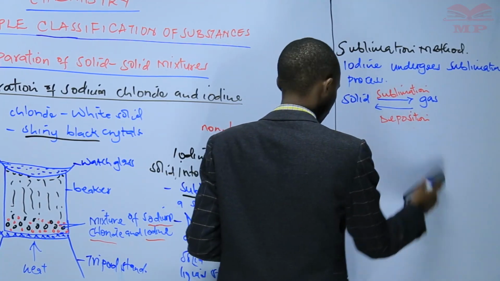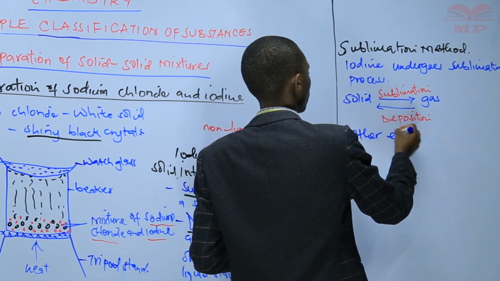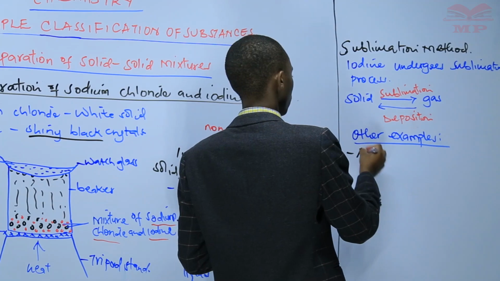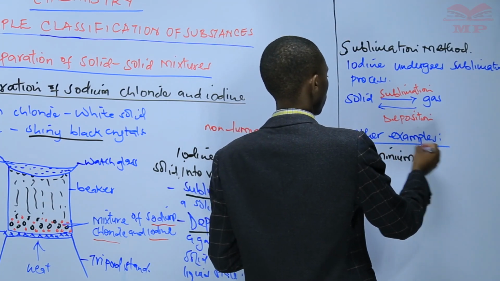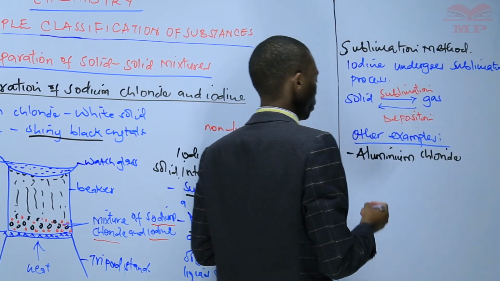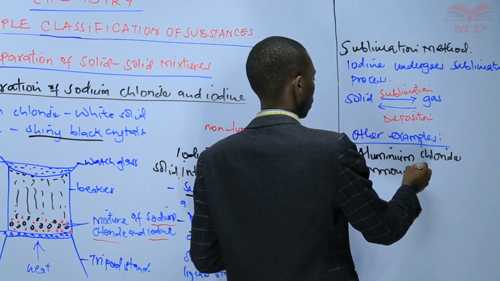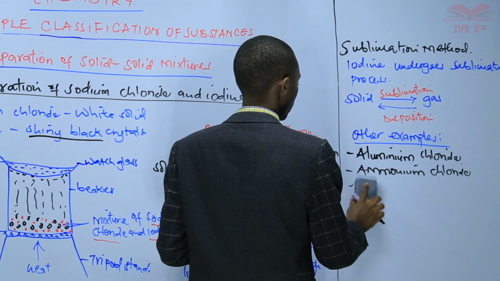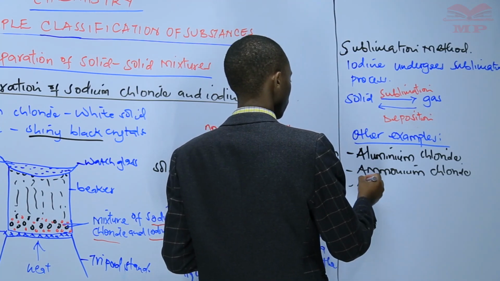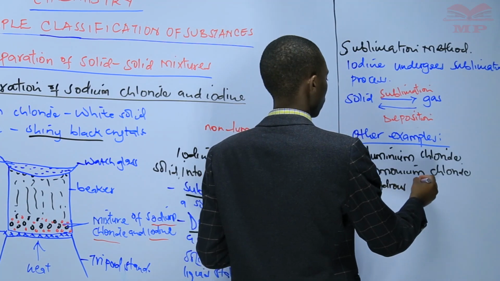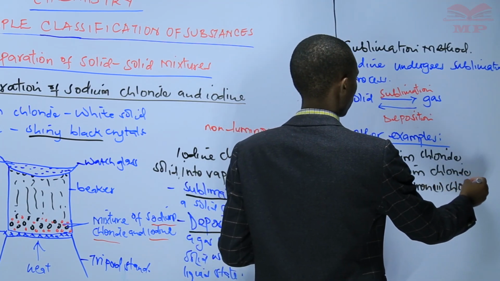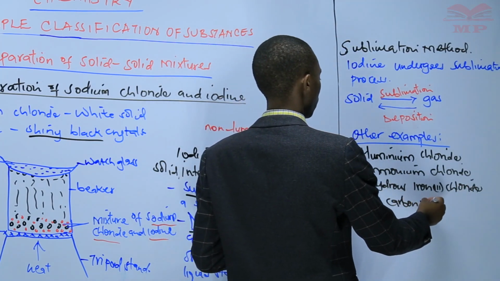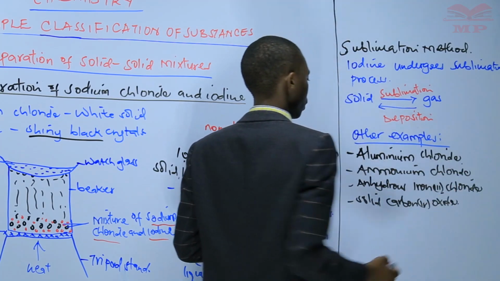Other examples: aluminium chloride, ammonium chloride, anhydrous iron 3 chloride, and solid carbon dioxide.